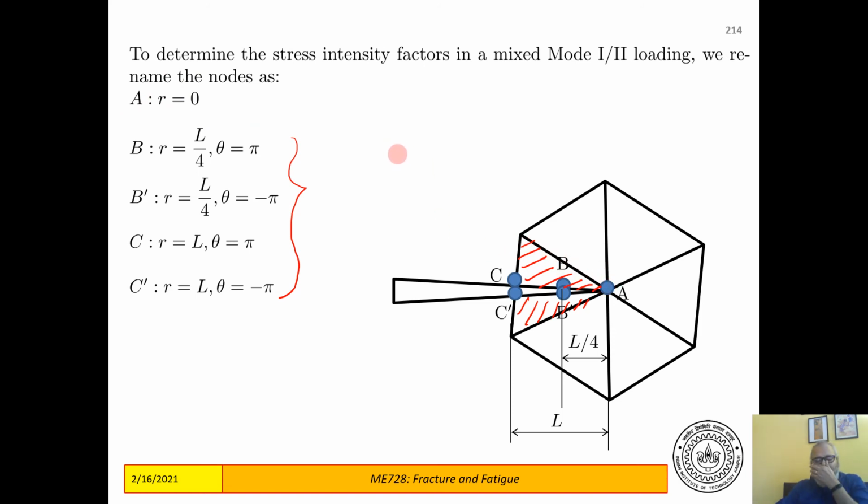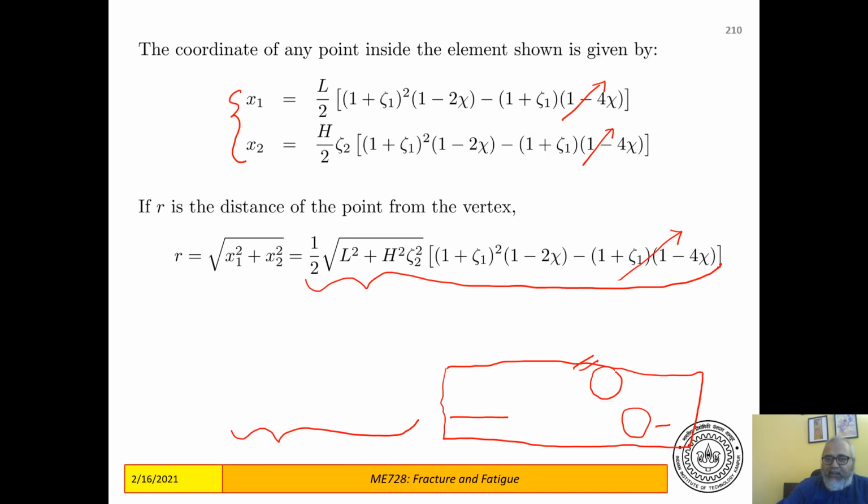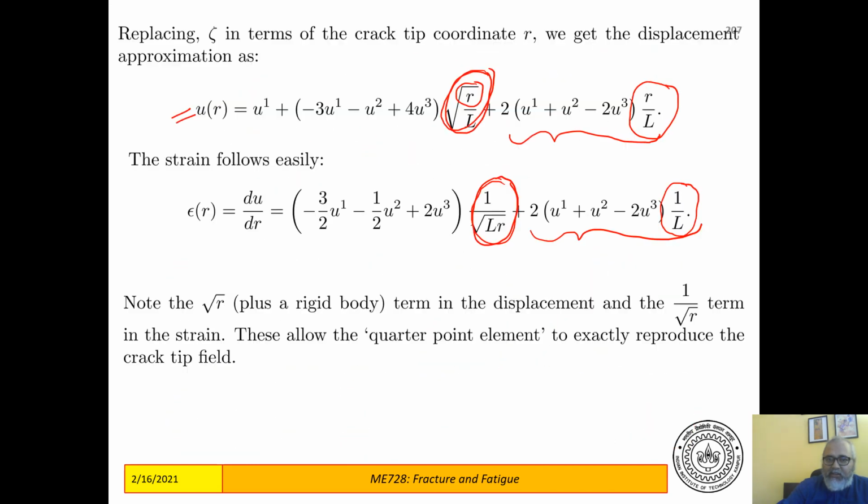So this CBA is a 1D element, where B is again at the quarter point, at chi. If this length is L, then this length is L by 4, and we already have the displacements for that 1D case. We had derived it earlier.